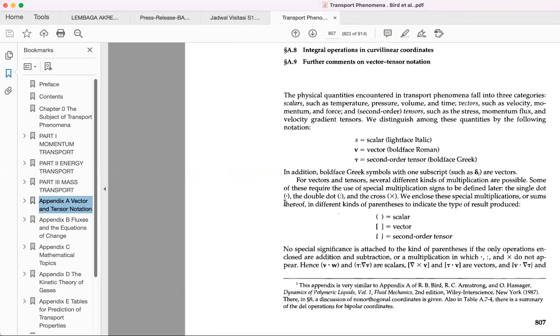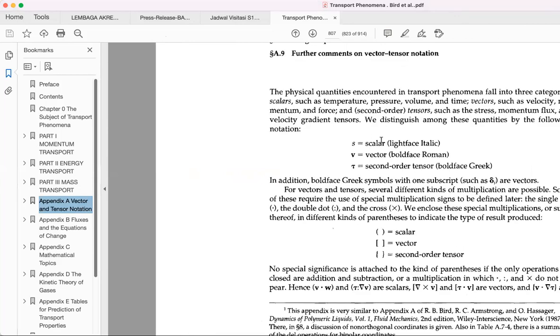So, Kevin, do you know the scalar? Scalar is just the quantity, but no direction. A vector multiplied with a vector in a dot multiplication, the dot product, is actually a scalar. For example, energy is a scalar.